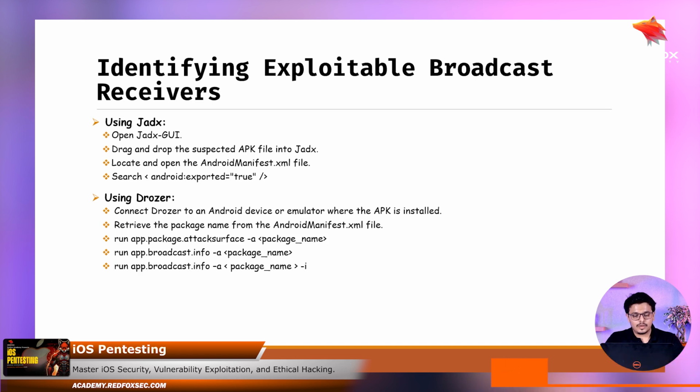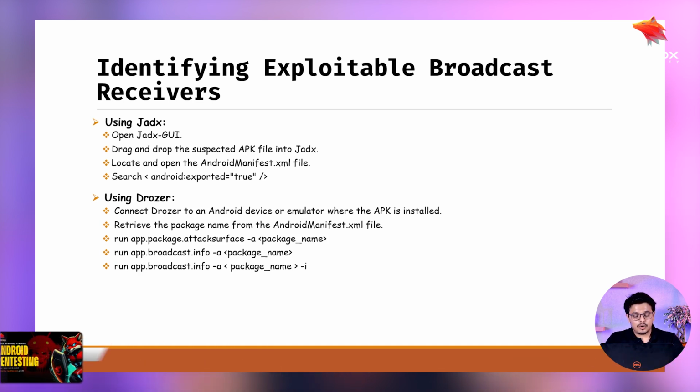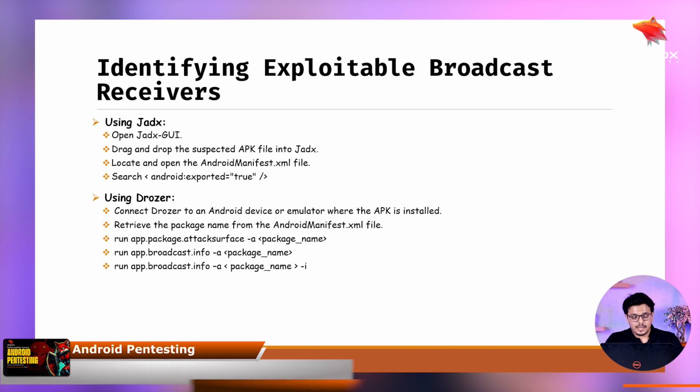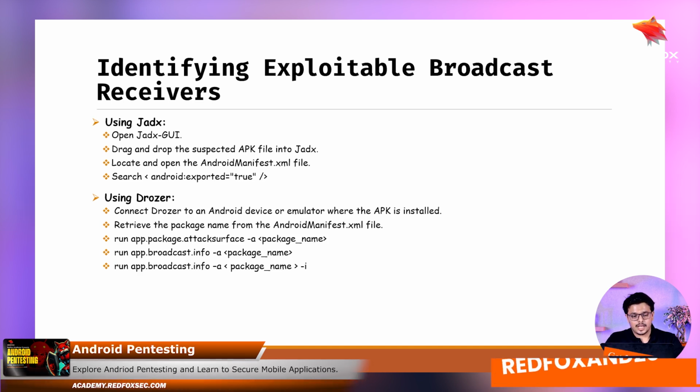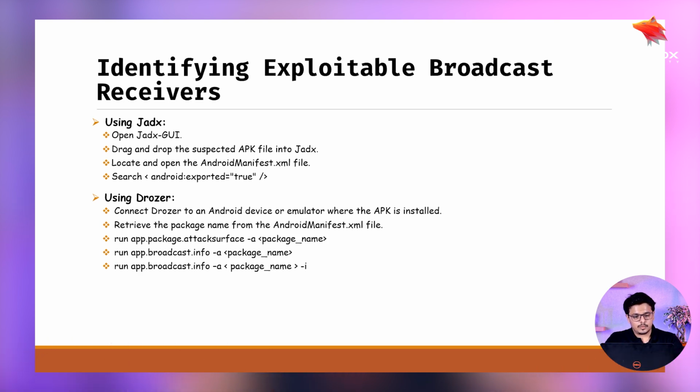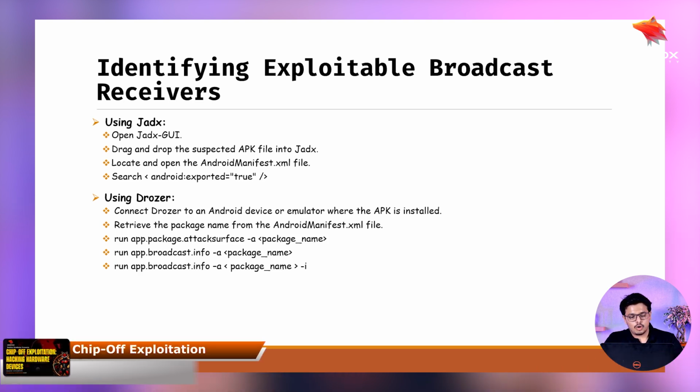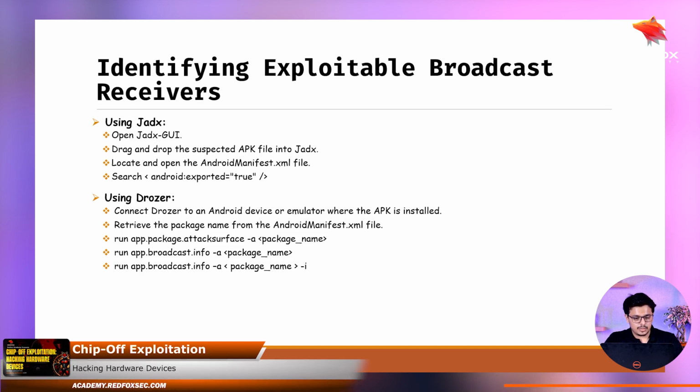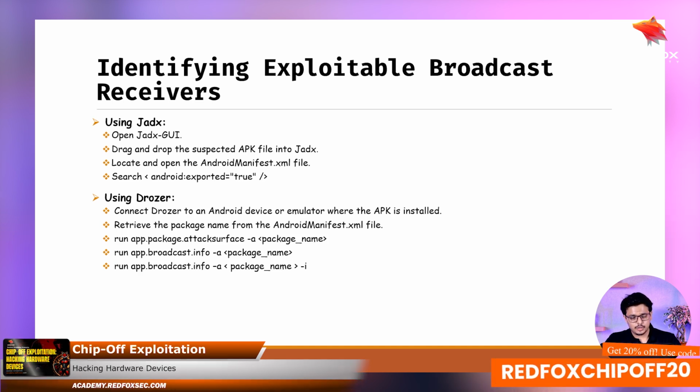So now we will move ahead and learn how we can identify whether the broadcast receivers used in an application might be vulnerable. There are two ways. First is using the JADX tool. The JADX GUI tool, as I said earlier, will decompile the application and show all the components of the application in a GUI mode.